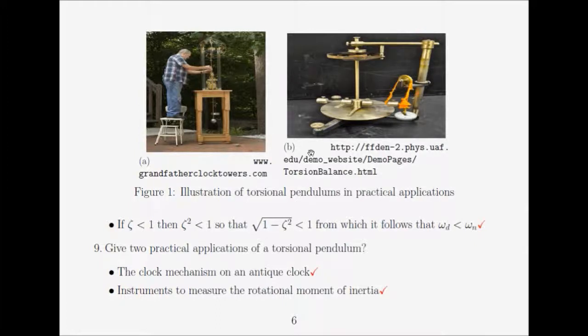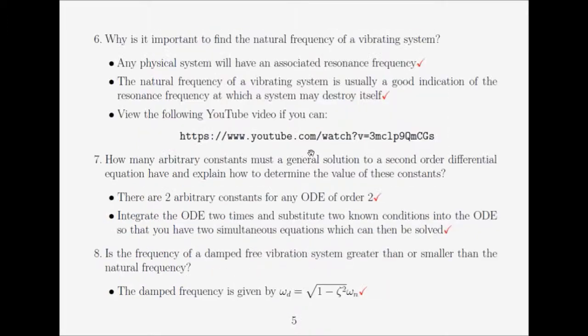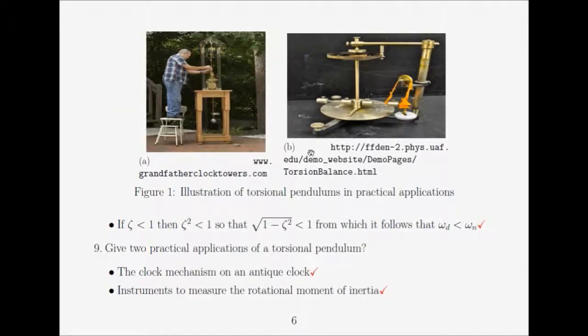So 0.4 is 4 over 10. 0.4 squared is 16 over 100, which is 0.16. 1 minus 0.16 is some other number that would be less than 1. And if that is less than 1, it would follow that omega d would be less than omega n.